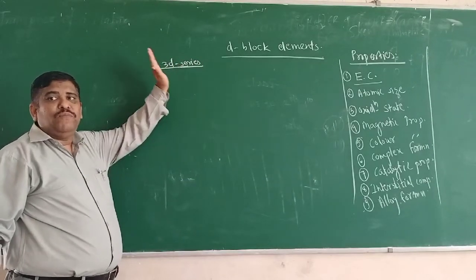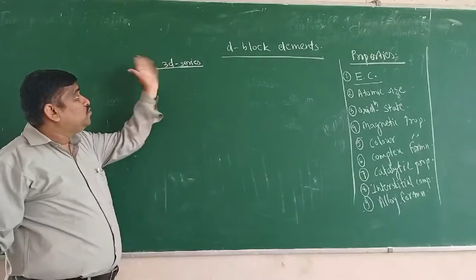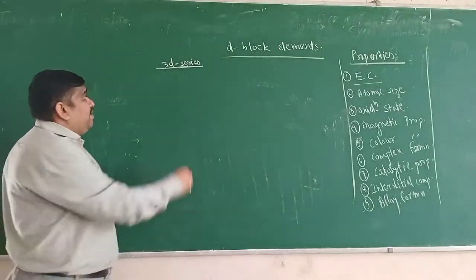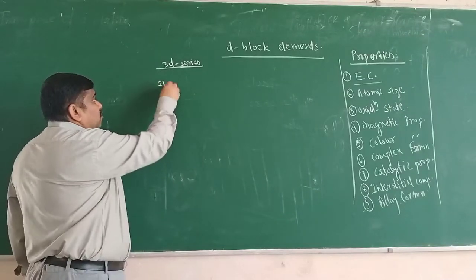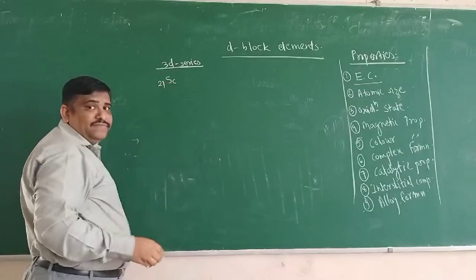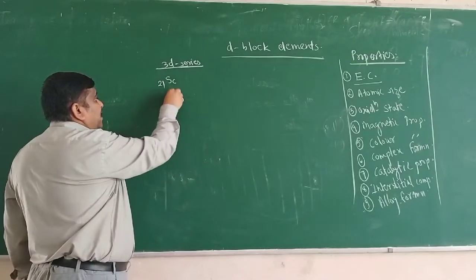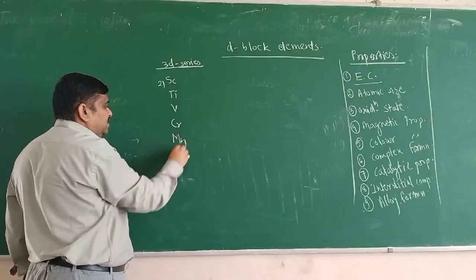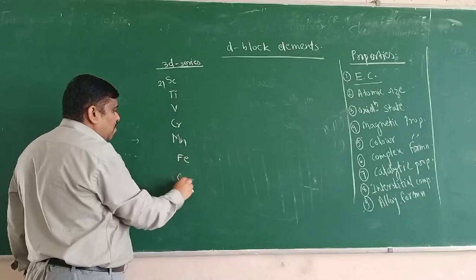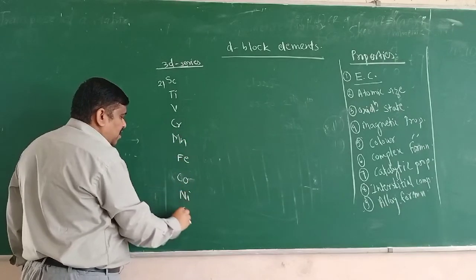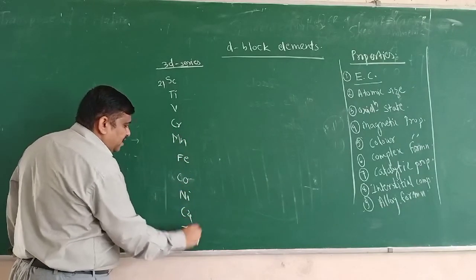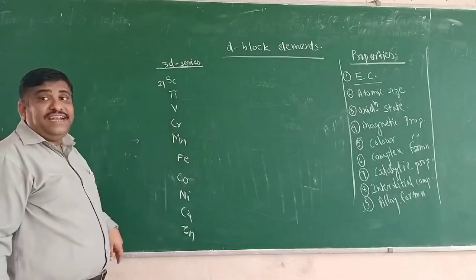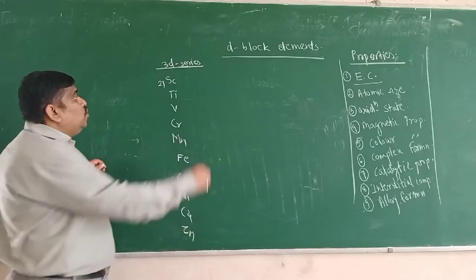If it is difficult, learn by heart so that you are able to write them. The 3d series starts from atomic number 21: scandium, titanium, vanadium, chromium, manganese, iron, cobalt, nickel, copper and zinc.